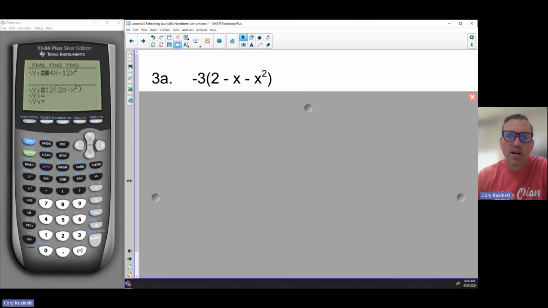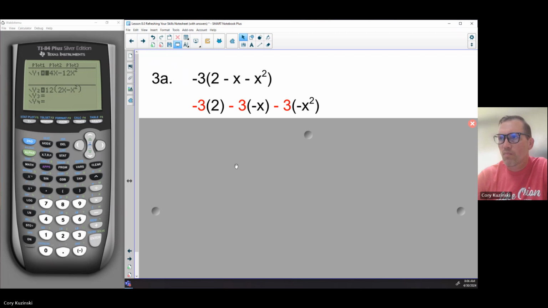in 3, we're supposed to be using the distributive property to expand this without doing any rectangle diagrams. So we want to multiply this entire expression, 2 minus x minus x squared, by negative 3. To do that, using the distributive property, we're multiplying each one of those pieces in the parentheses by negative 3.